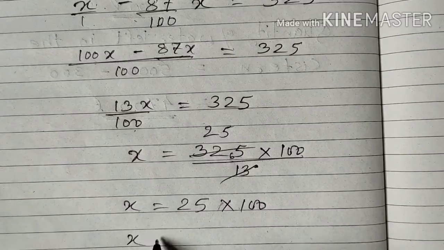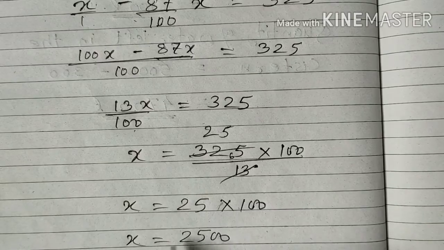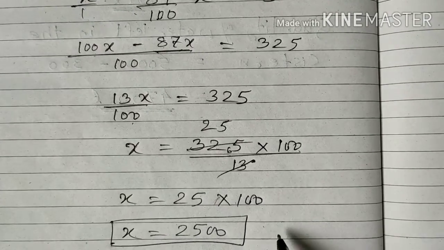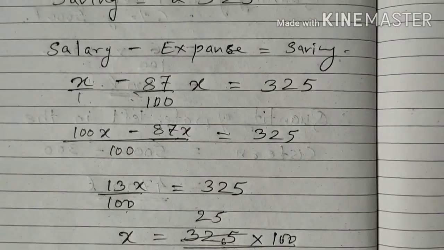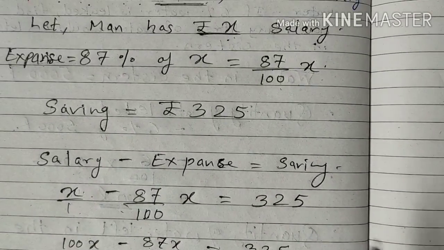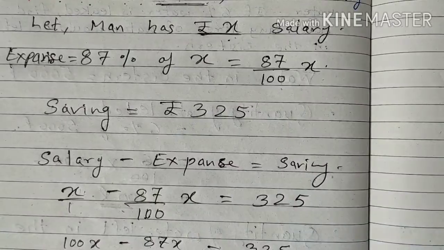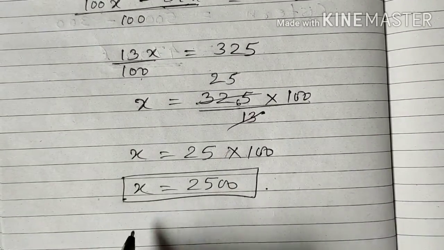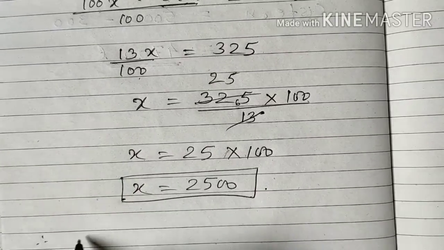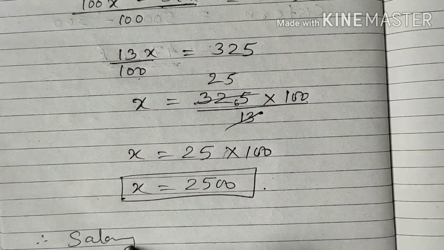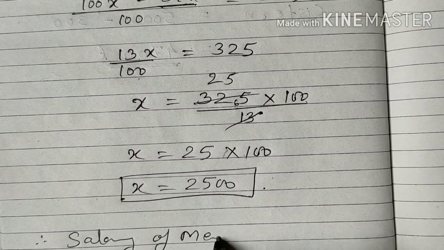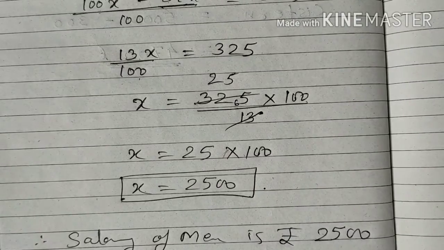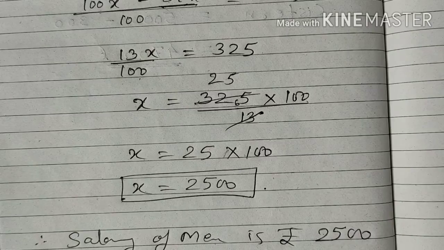So what is the value of x? 2500. Got it? It means x was the man's salary. Man has x salary, that means the value of x is 2500. So we can say that the salary of the man is rupees 2500. Okay, this is the answer.